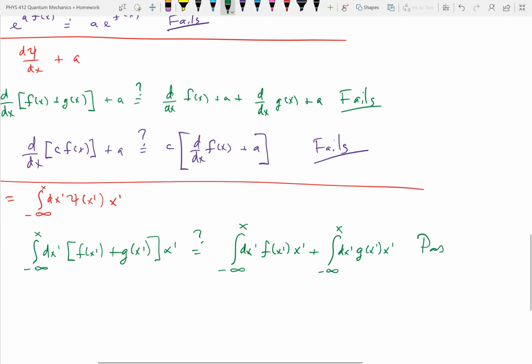Yep. Now, by the way, you notice that it has x primes in the integral, so you don't have the variable of integration and the limit both being x.